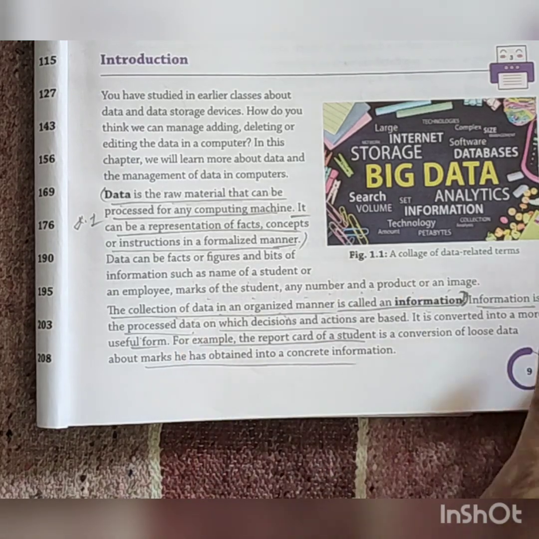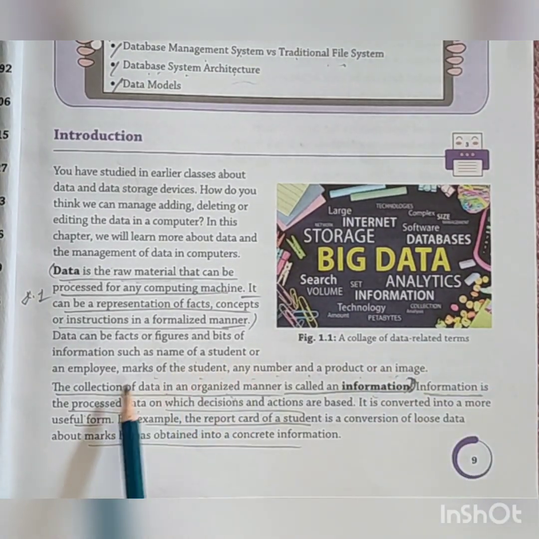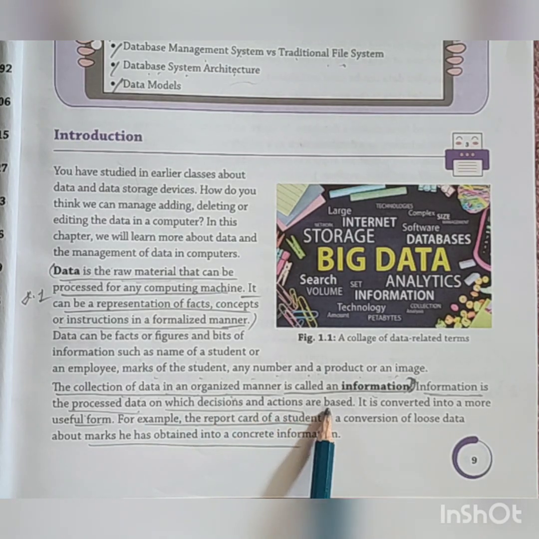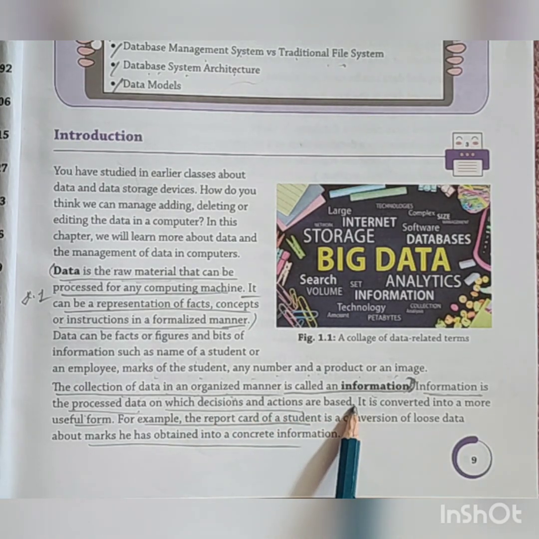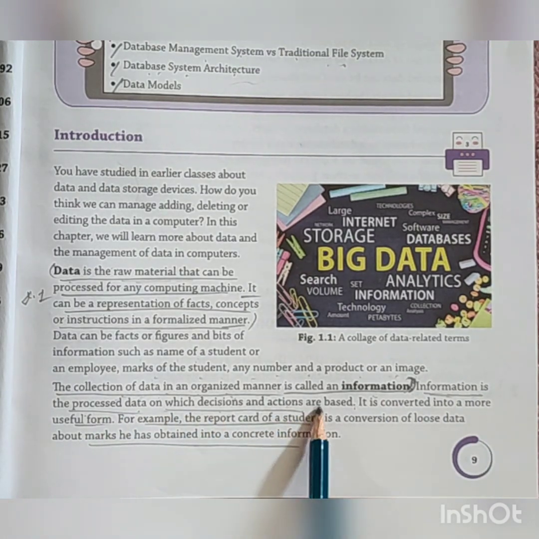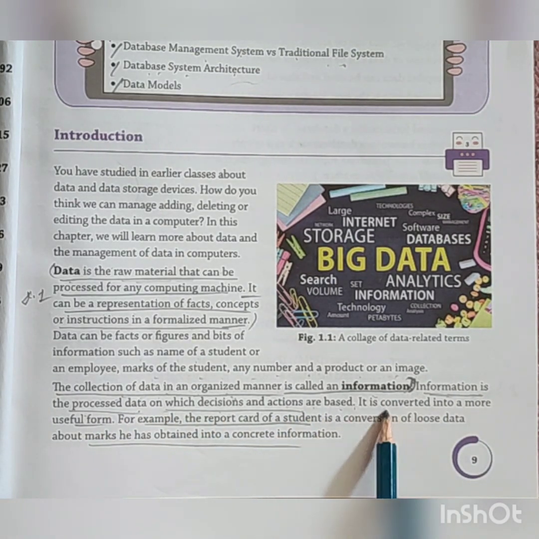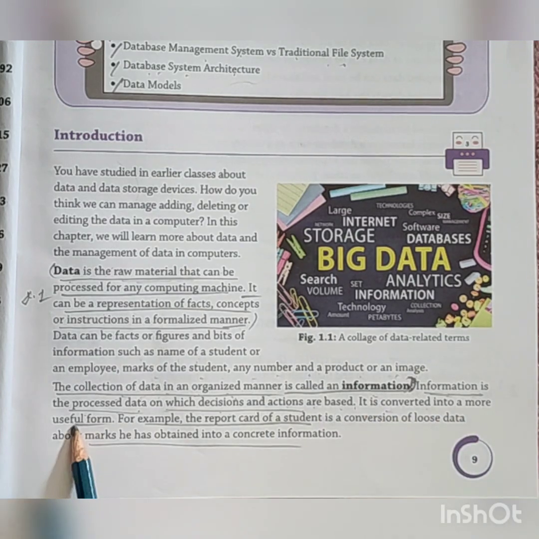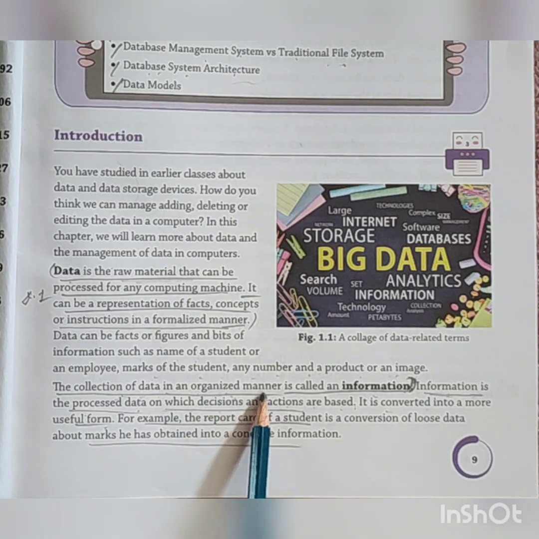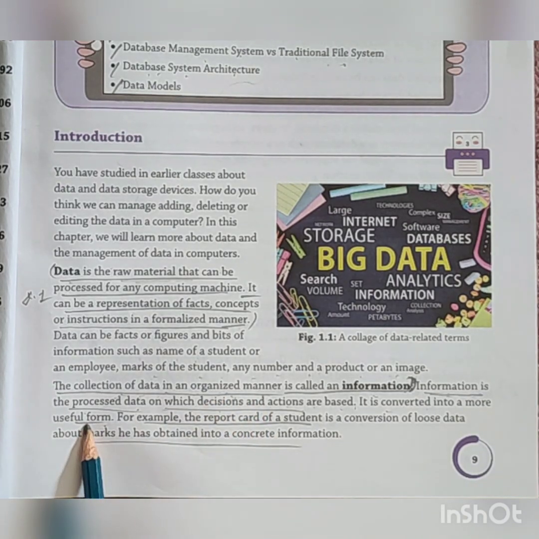Please keep remembering it. Information is the processed data on which decision and action are based. It is converted into a more useful form. As it is organized, it is much more useful compared to data.